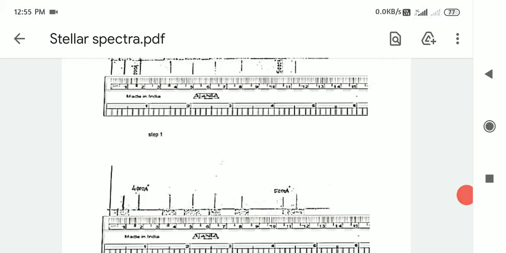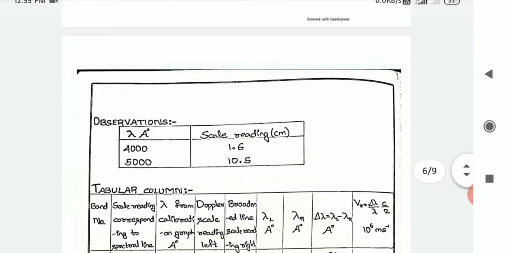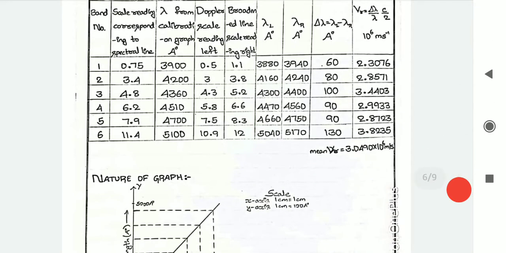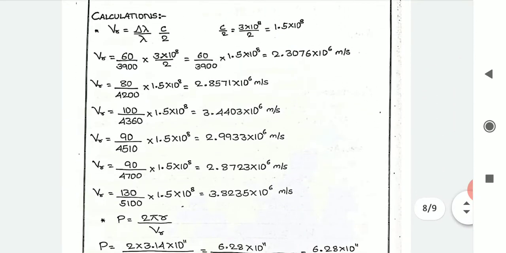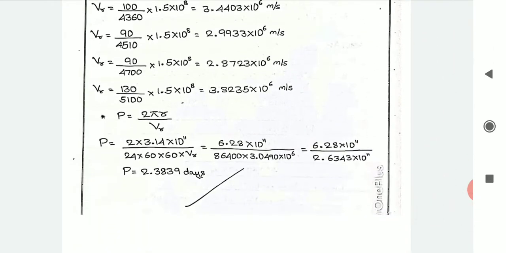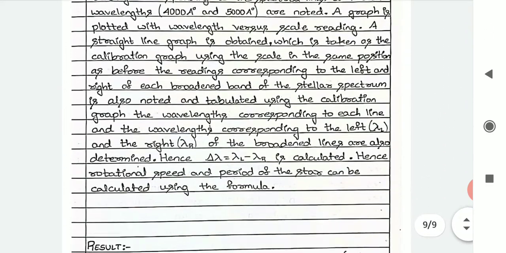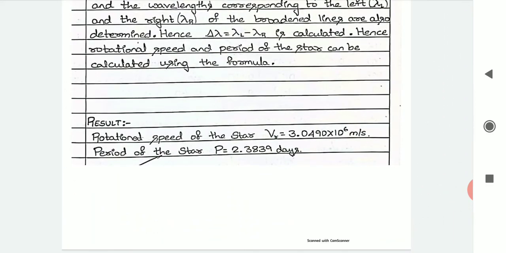From the 6 bands, 12, that is 6 left and 6 right, you have to measure the reading and write it in the tabular column. Calibration: you have to find the lambda, lambda L and lambda R, calculate delta lambda, calculate VR, calculate the mean value of VR, and at last calculate the period, and then substitute in the answer. Finally, the rotational speed of the star is equal to this much.